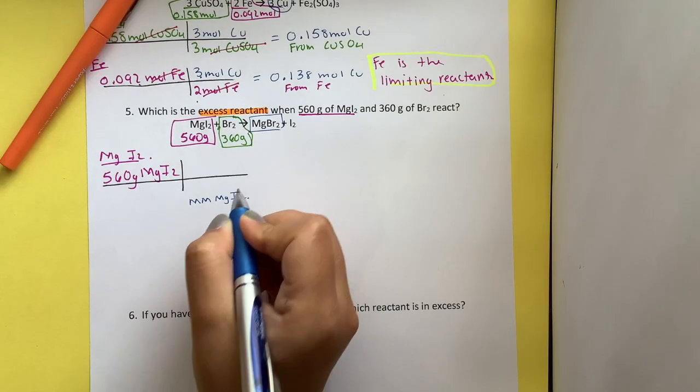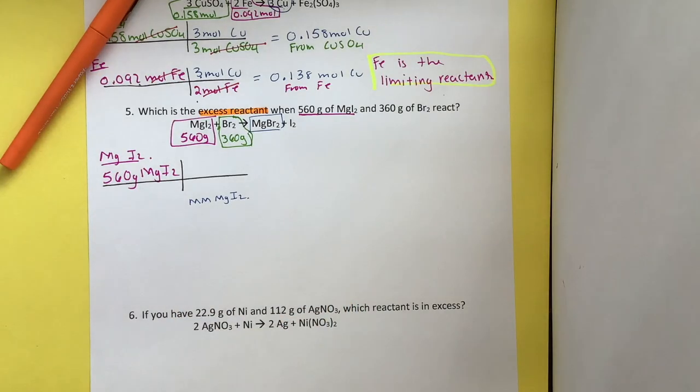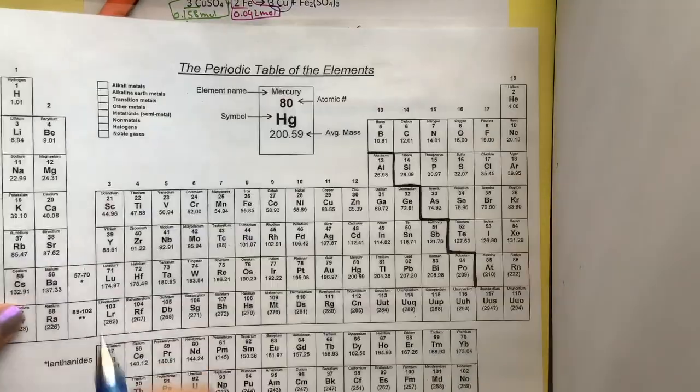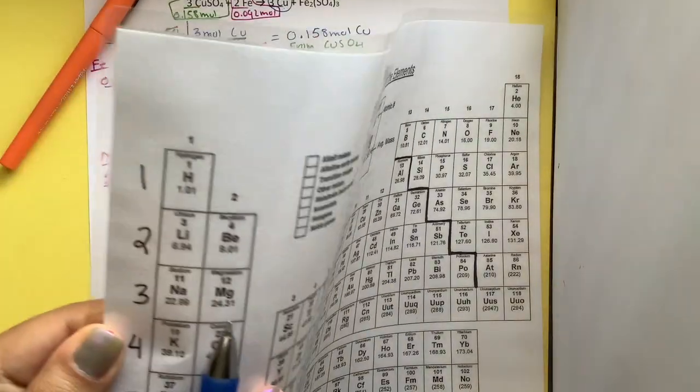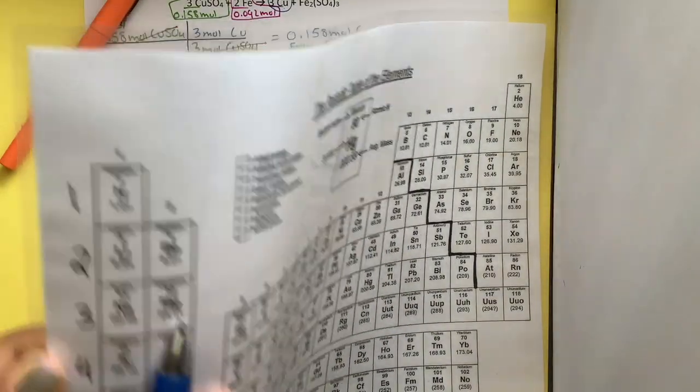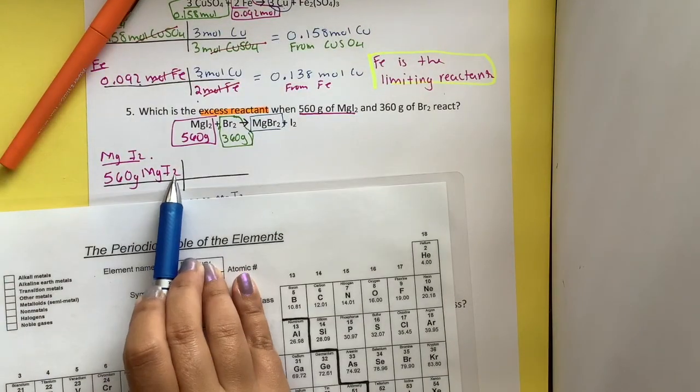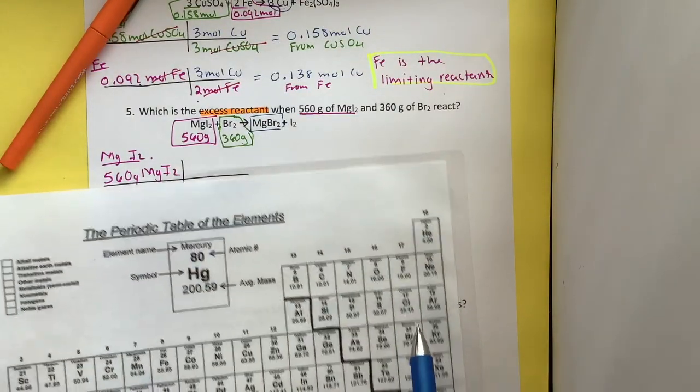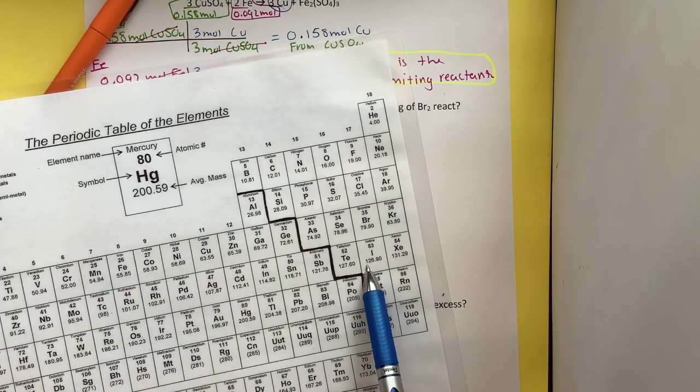So I'm going to take the mass of 1 magnesium, which is 24.31, plus the mass of 2 iodine, which is 196.90.